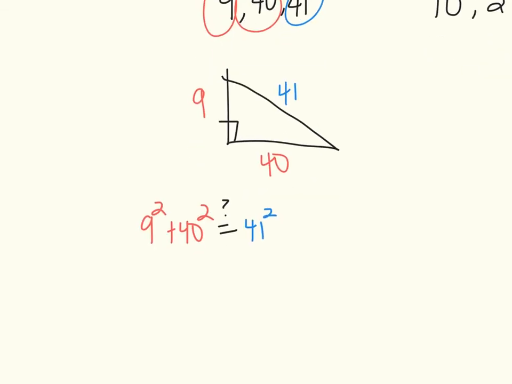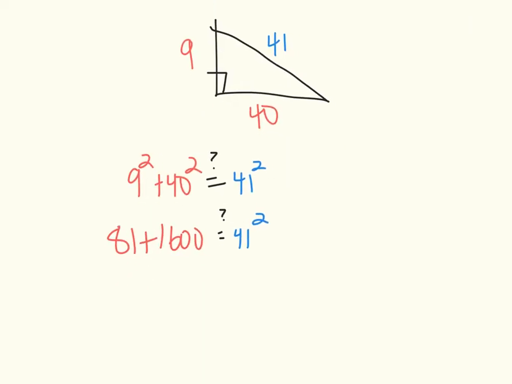Let's see, 9 times 9 is 81. 40 to the power of 2 is 1,600. And 81 plus 1,600 is 1,681. And is that the same as 41 to the power of 2?